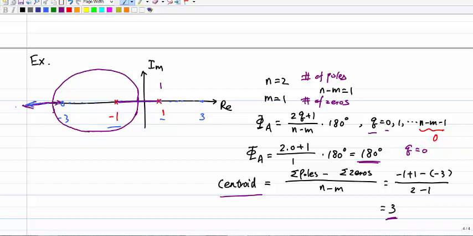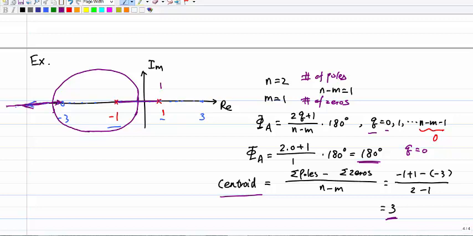And also this part to the left is part of the locus, all the way to infinity. Because rule number 2 says the locus must start from the pole and end at 0 or end at infinity according to rule number 7. So it must split, otherwise it doesn't go to 0 or to infinity. So it's going to split, one goes up, one goes down, also symmetric. And one of them is going to 0, one of them going to infinity.